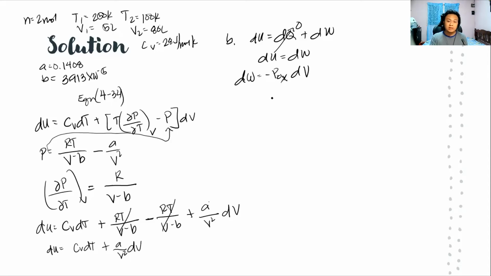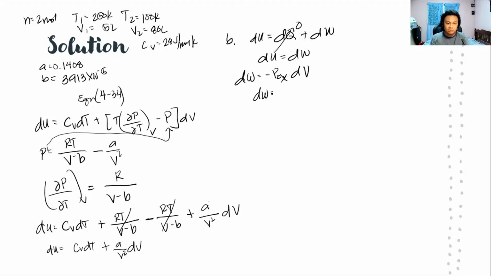But our P is not constant, it is variable. And the variation of P follows the van der Waals equation. So we have to substitute this P to this P so that we will find the work term.